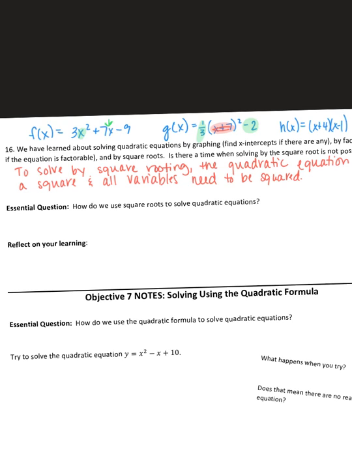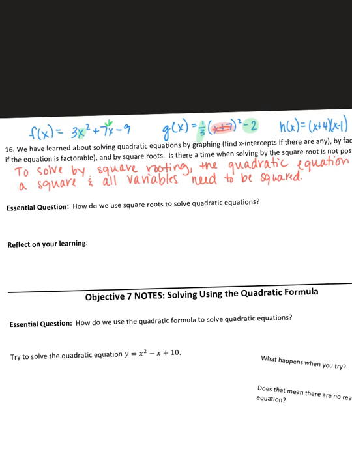And the answer is yes. So you can use solving by square rooting when a quadratic is in vertex form. And then the last form, intercept form, you don't even have a square, so you would not be able to do it then.